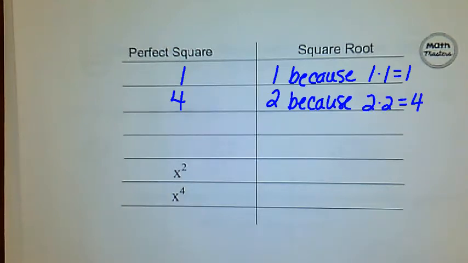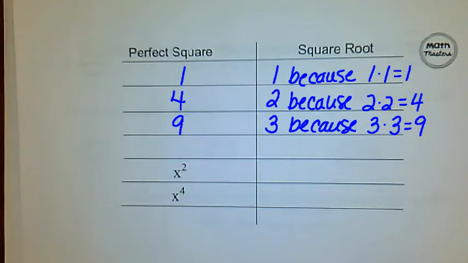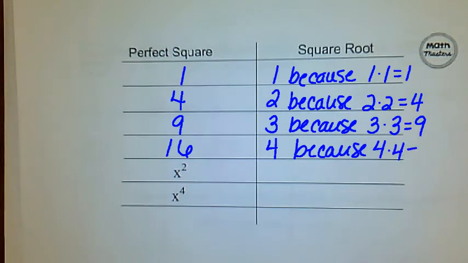So we're trying to look for that number times itself to get us to that spot. We also have 9, which the square root is 3, because 3 times 3 equals 9, and 16, which is 4, because 4 times 4 equals 16.